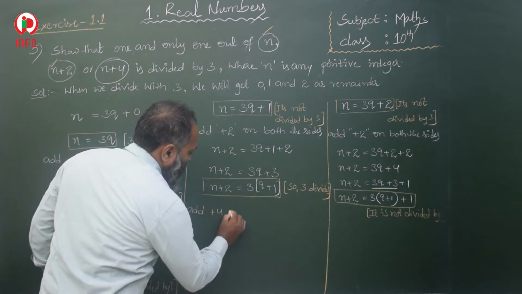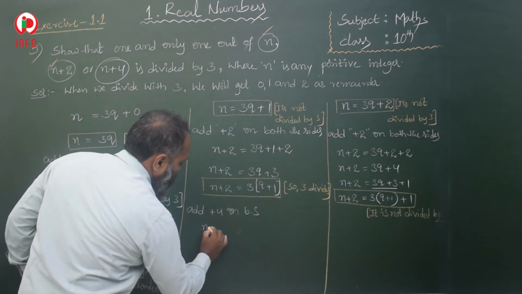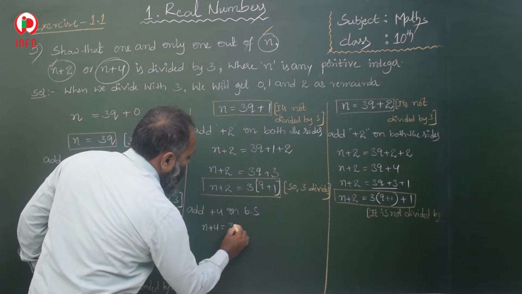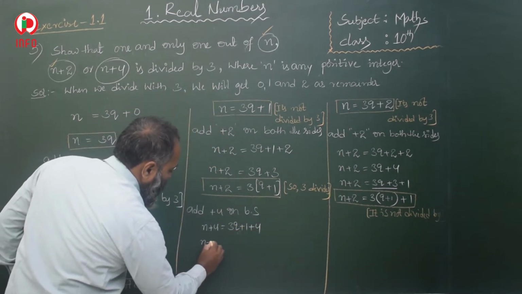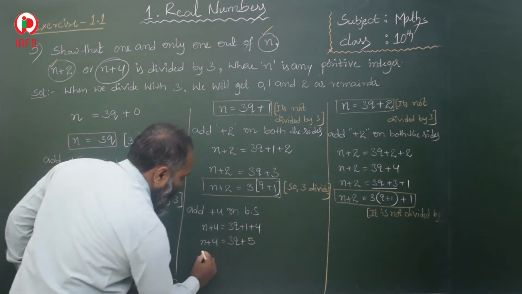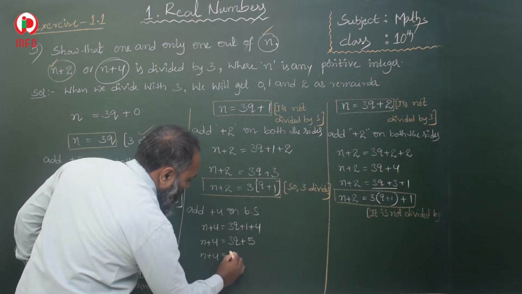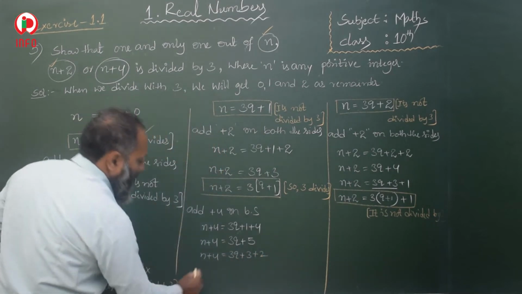Then here also add plus 4 on both the sides. In this equation, first, n plus 4 is equal to 3q plus 1 plus 4, then n plus 4 is 3q plus 5, 1 plus 4 is 5. Then n plus 4 is equal to 3q plus 3 plus 2, 3 plus 2 is 5.